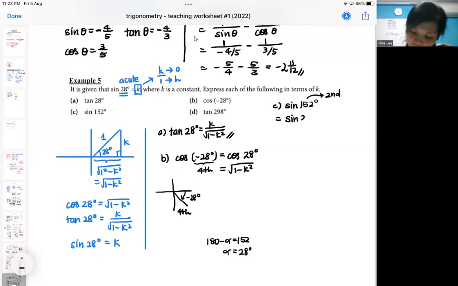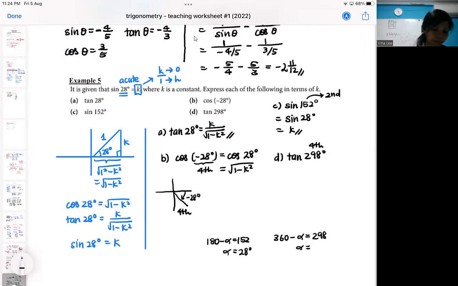So that is sine 28, and that is my K. Tangent 298. 298 is in the 4th quadrant. So 4th quadrant is 360 minus alpha. So I'm going to get my alpha.